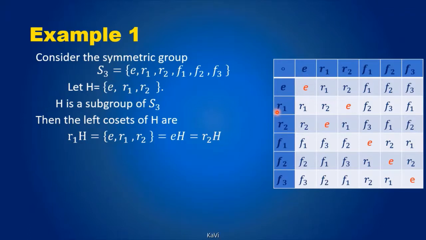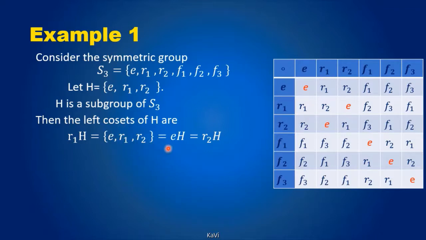When you multiply R1 with these three elements, R1 times E is R1, R1 times R1 is R2, and R1 times R2 is E. That is, you are taking one particular element from G and doing the binary operation on the elements of H, so R1 into each element of H results in the elements of H itself.